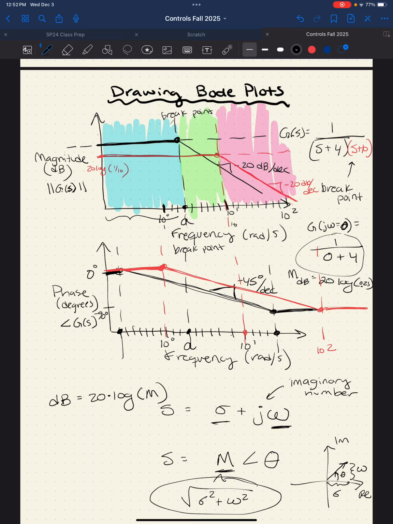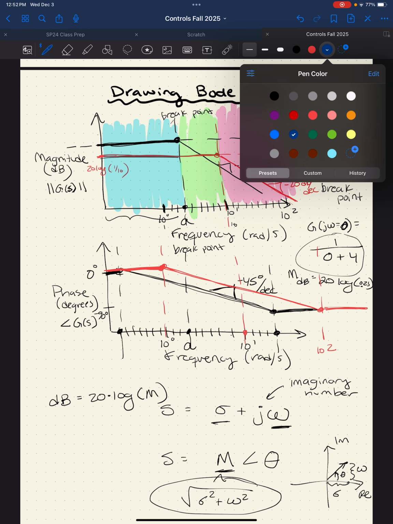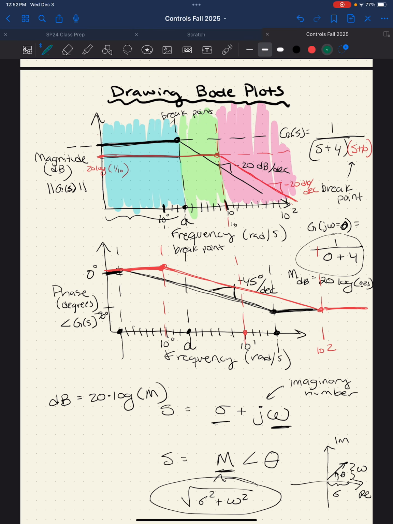I usually want to go left to right. So when I'm going left to right, I just need to add these 2 values together to find out where the flat line of my resultant is. Let me grab a different color here. I would need to say, what is 20 log of 1/10 plus 20 log of 1/4?